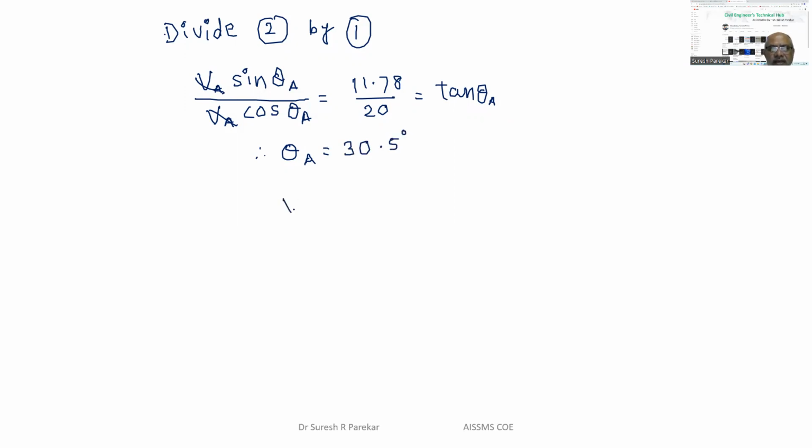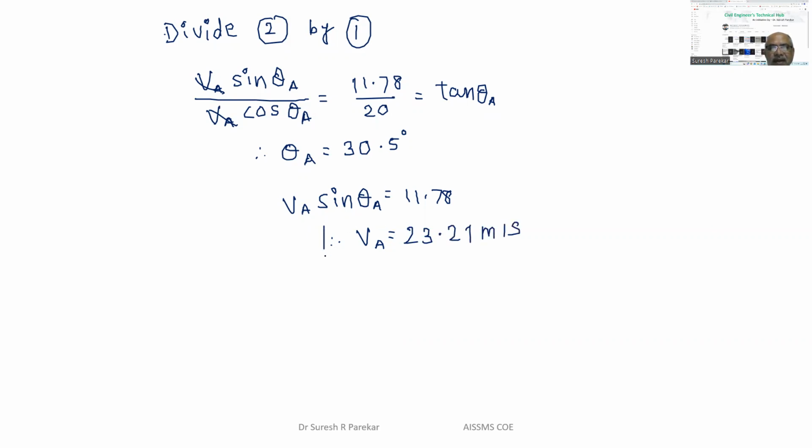Now we can use VA sin theta A equal to 11.78, and from this we get VA equal to 11.78 divided by sin 30.5, and this comes to 23.21 meters per second.